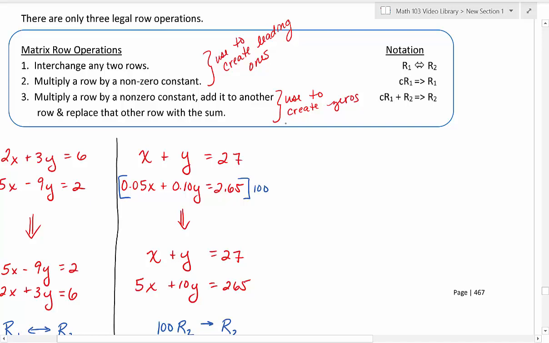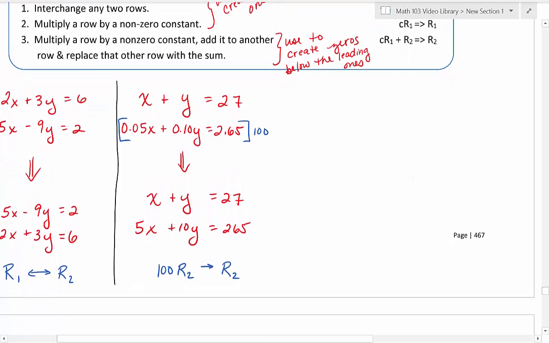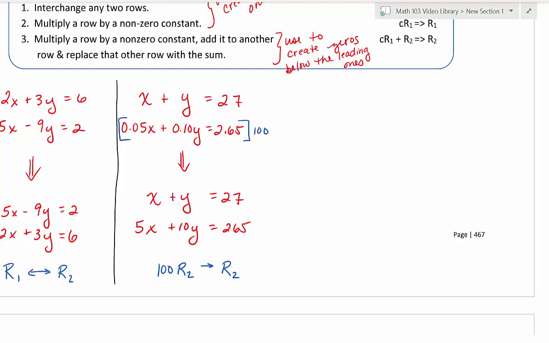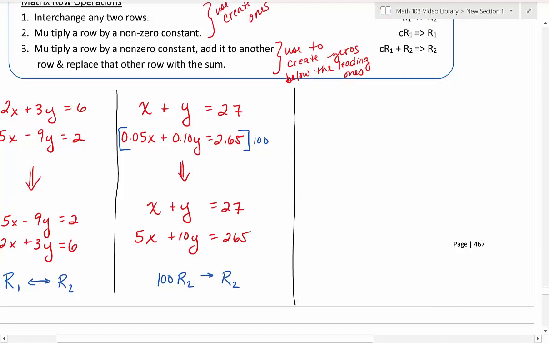And those are the zeros below the leading ones. This third row operation says that we are going to multiply a row by a non-zero constant, add it to another row, and replace that other row with the sum.